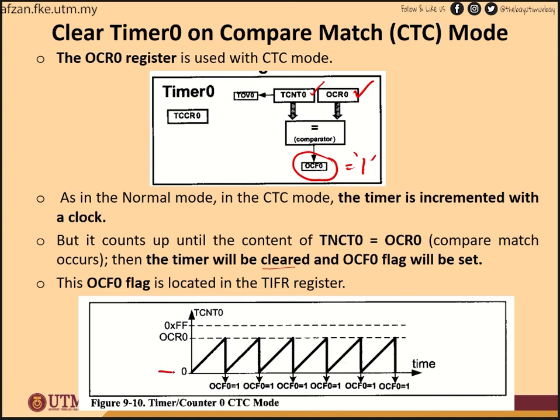First you set your TCNT with 0, and then this is your OCR, the timer that you want to generate. You just put your OCR with any value that you want to generate. If the TCNT equals OCR, the OCF flag will equal 1. Then it will reset and keep repeating, so this will be done periodically.